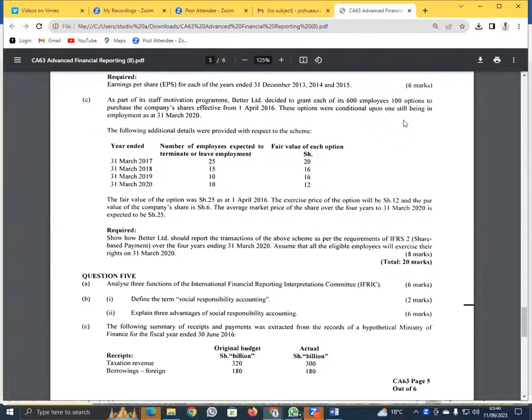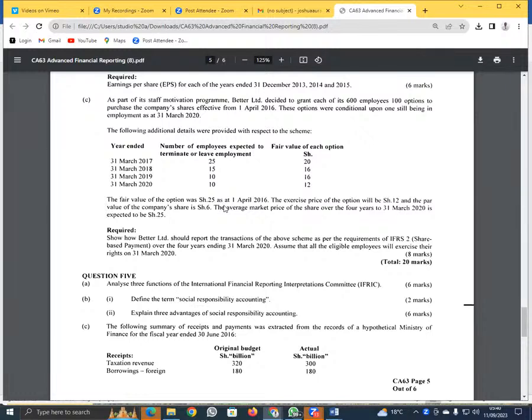The following additional details were provided with respect to the scheme. The fair value of the option was 25 as at 1st April 2016. The exercise price of the option will be 12, and the par value of the company share is 6. The average market price of the shares over the 4 years to 31st March 2020 is expected to be 25.